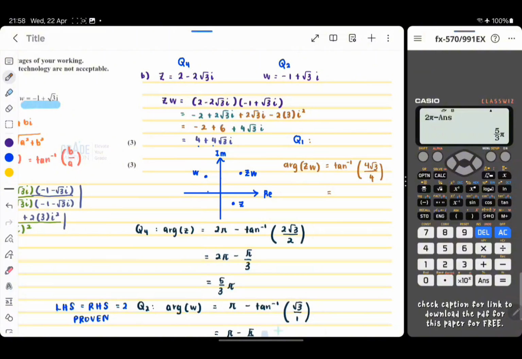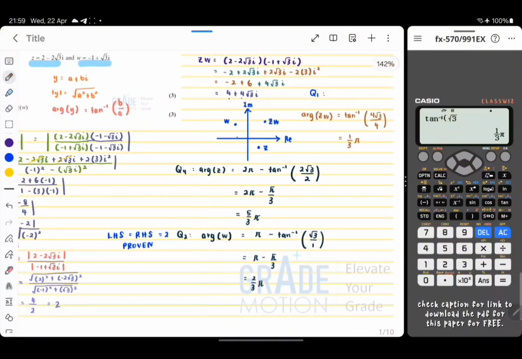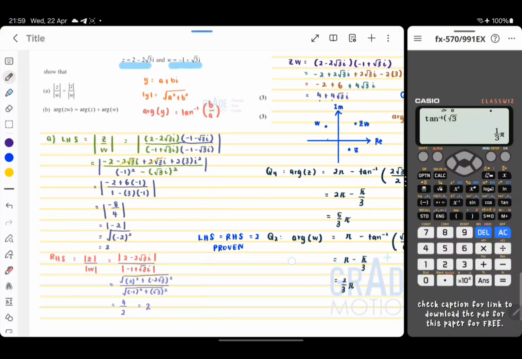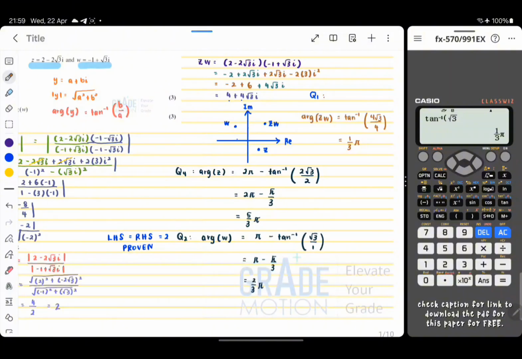So this is equal to inverse tangent of root 3, which is 1 over 3 pi. Okay, so we already know our left hand side. So the left hand side is equal to argument ZW.